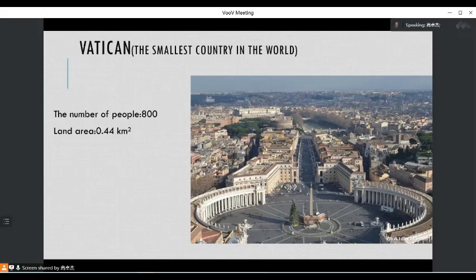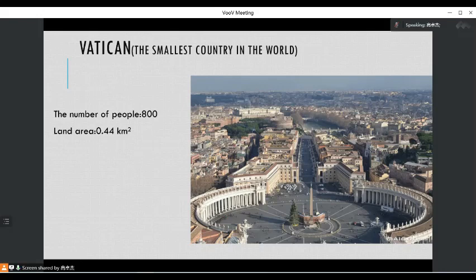This country is called Vatican. In Chinese, 梵蒂冈. This country is located in Rome, the capital of Italy.